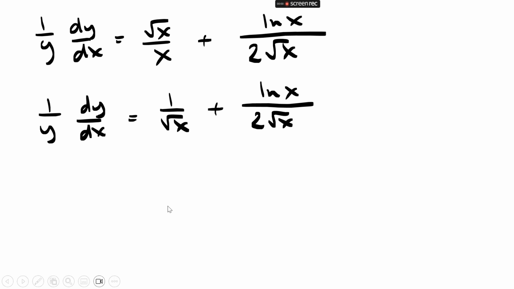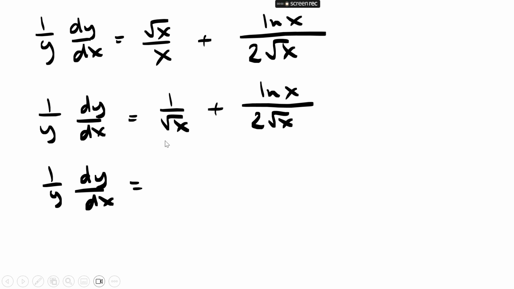There it is. And of course, what do we need to multiply both sides of the equation by? Yeah, 1 over x. You know what? We actually can combine it. Let's go over it because it's actually not bad. Notice both of them are square roots of x. So really the only thing we need is a 2 over here. So 1 over y dy dx.